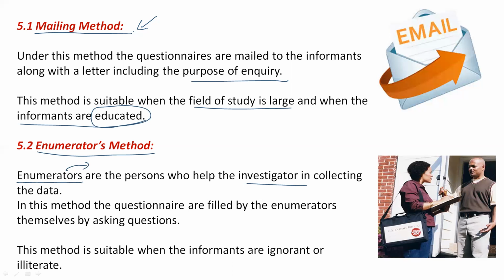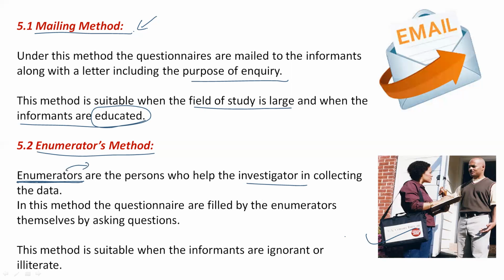If the informant is uneducated or illiterate or is unable to fill the questionnaire, the enumerator does that on behalf of the informant. Clear? Basically the enumerator will keep on asking the questions and will fill in all the information, as you can see in this image.